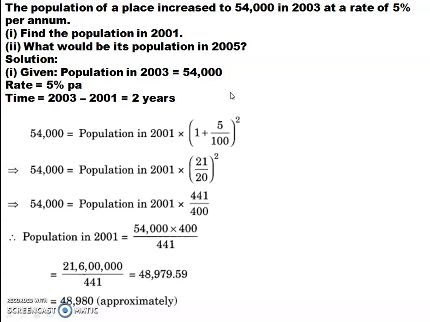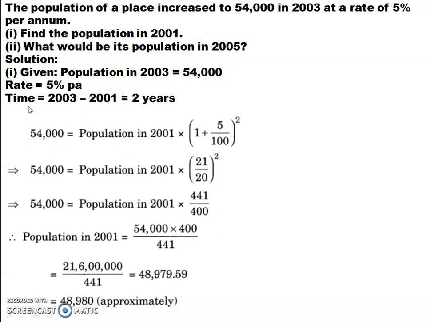So here amount is 54,000. Rate of increase is 5% and year. What is the difference between 2003 and 2001? It is 2 years. So P is unknown to you.